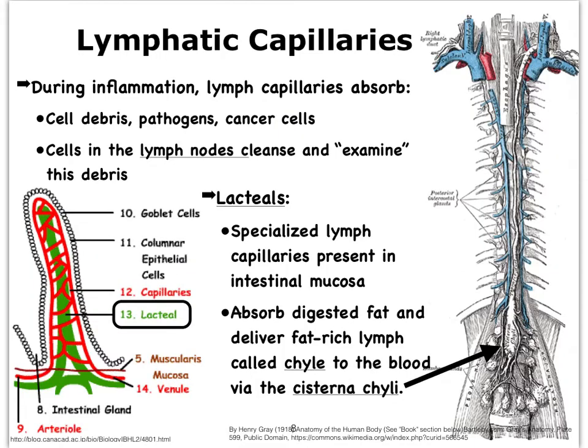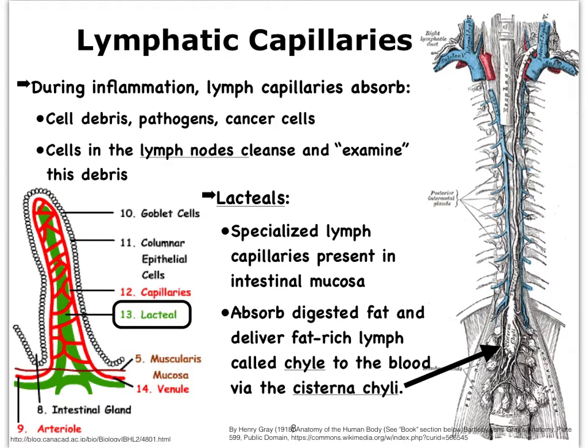As mentioned before, our lymph is made up of pretty much the same things as our blood plasma. In addition to that, we're going to have cells, particularly white blood cells, but especially during inflammation, we'll see that our lymph capillaries pick up all kinds of cell particles because the cells are dying or being killed, all kinds of pathogens, and even cancer cells, depending on what kinds of inflammation we're looking at.